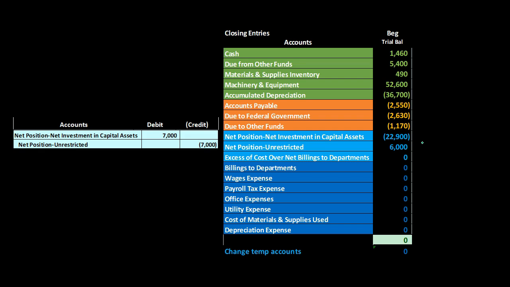Because this is on a normal accrual basis, however, this net position also reflects things that are going to be more of long-term assets as opposed to modified accrual like the other type of governmental funds. That means that some of this net position is being reflected on long-term assets, things that we cannot spend easily. Obviously, we can't spend something that if it's machinery and equipment.